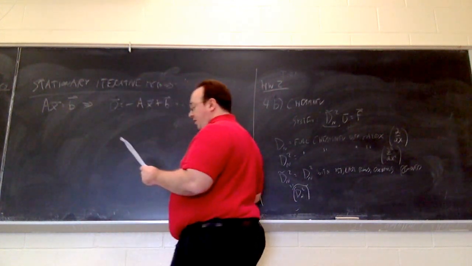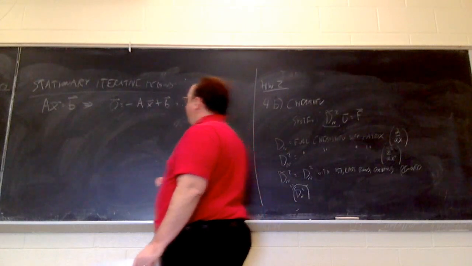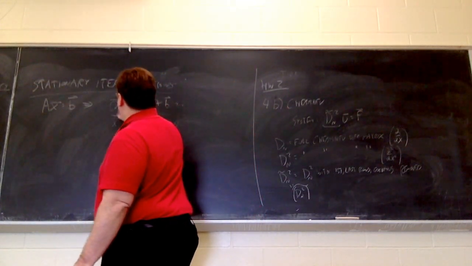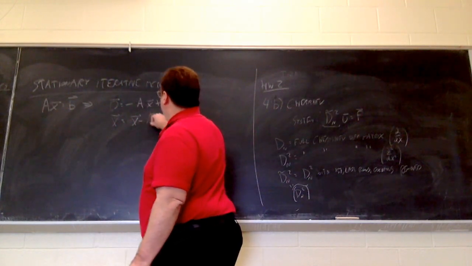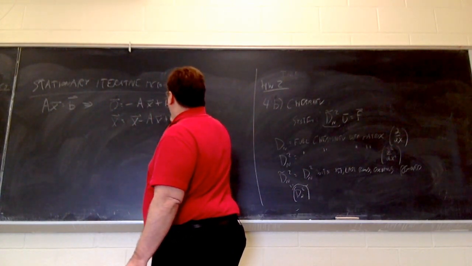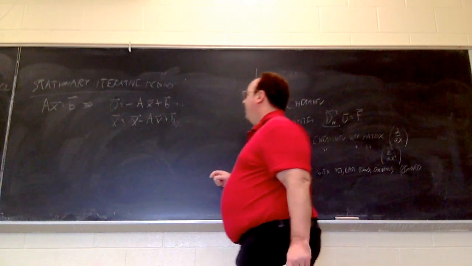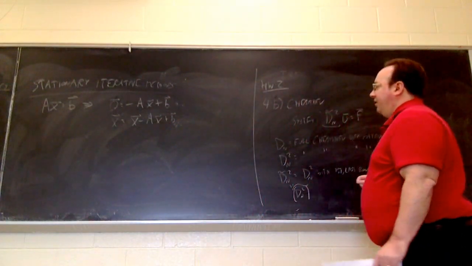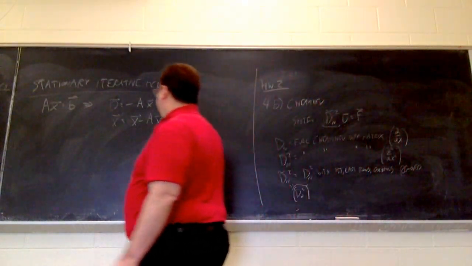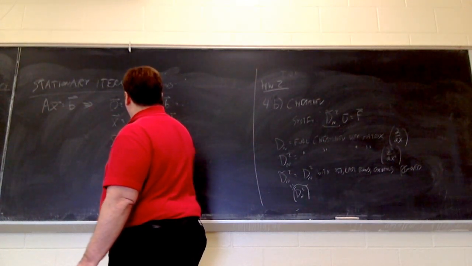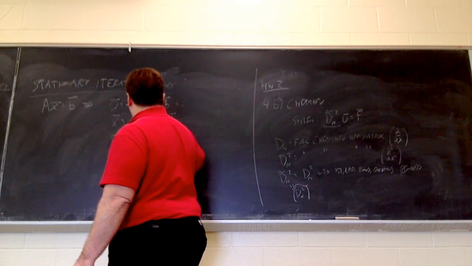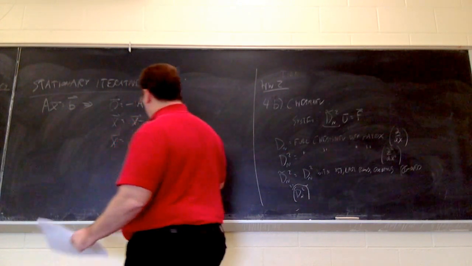And then I'm going to add x to both sides. So then I have x is equal to x minus Ax plus b. And then on the right side, I'm going to factor out an x wherever I can. So that would be (identity minus A)x plus b.